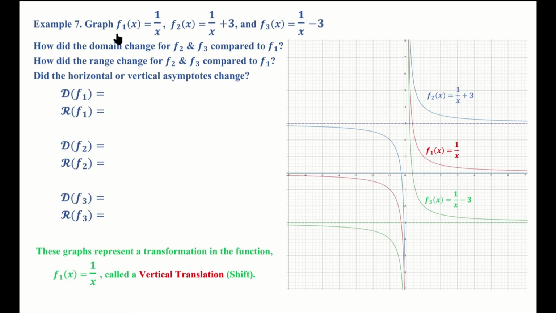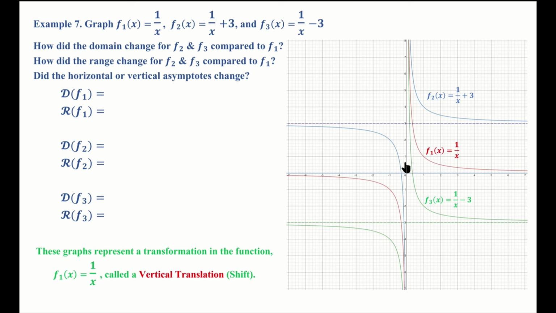All right, so notice if we start with f1 of x equals 1 over x, and we don't change the input x, we'll bring some change at the output level. So we're going to take the entire output 1 over x and add 3 to it, or take away 3 from it.